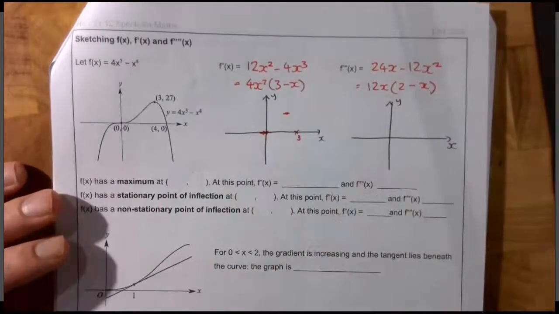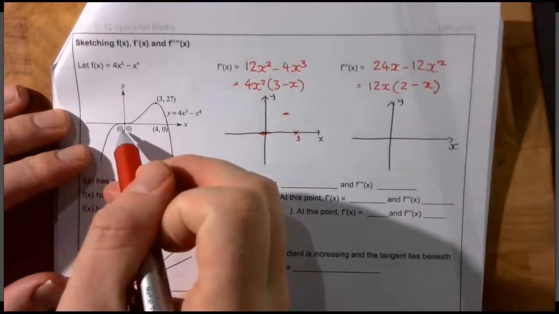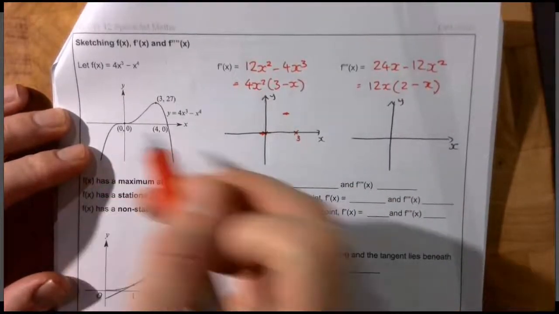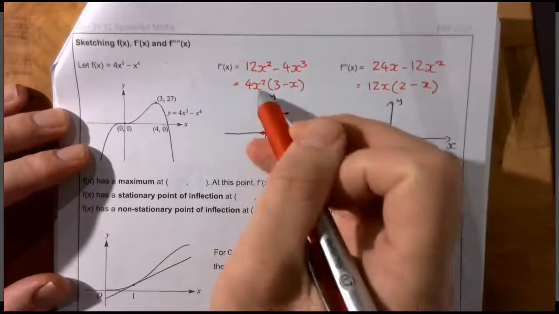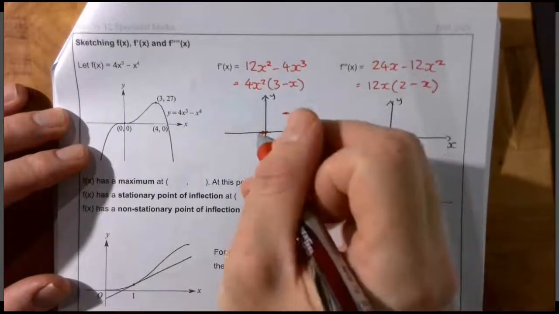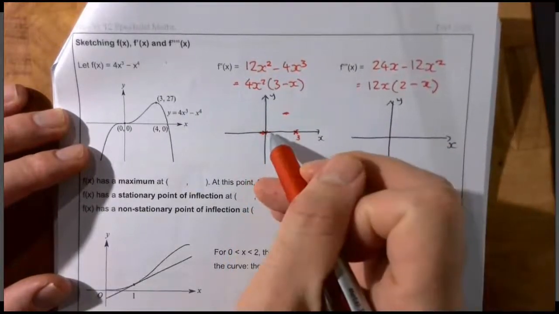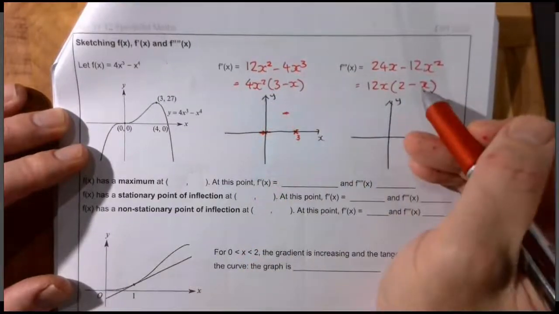So looking at f dash of x first. Anywhere there is a stationary point of f of x, we know that this must give us a 0. And in fact, we can see that happens when x equals 0 and x equals 3. We can see we have an x-intercept at those 2 points. Then to look at stationary points, we look at the derivative of this function, which we have here.